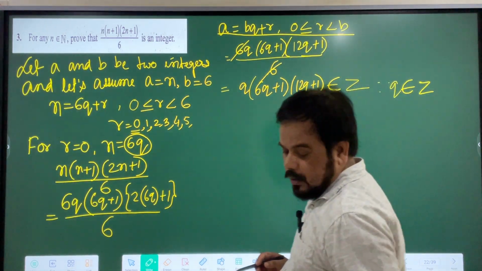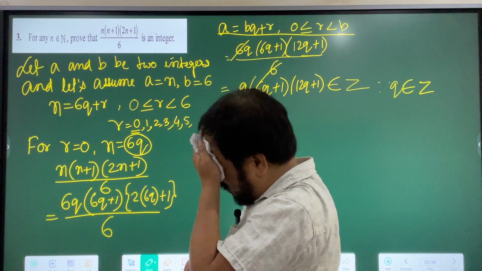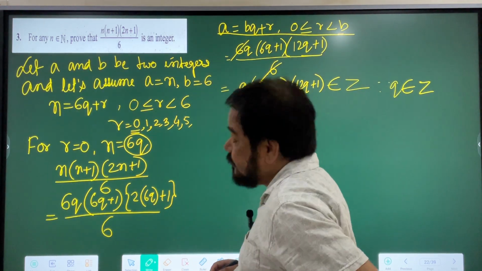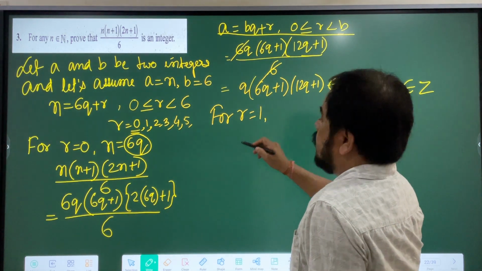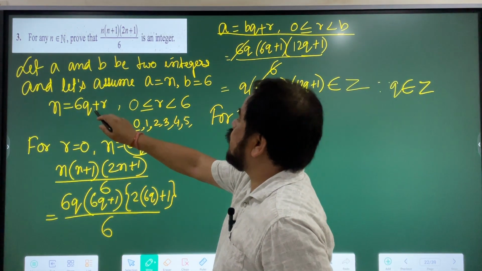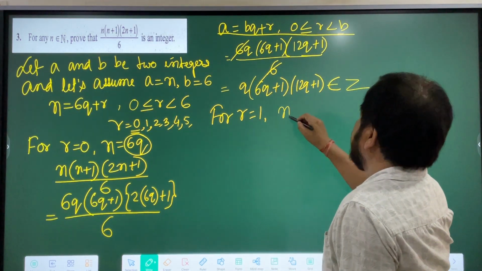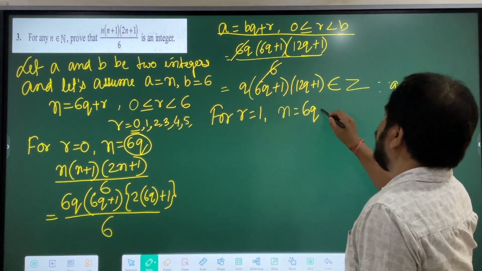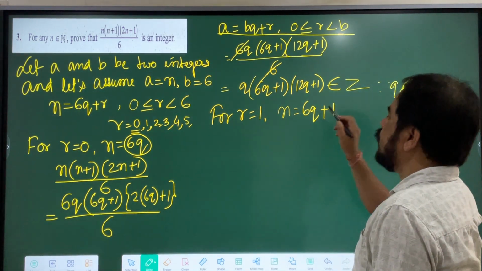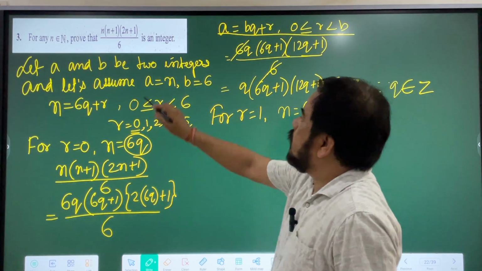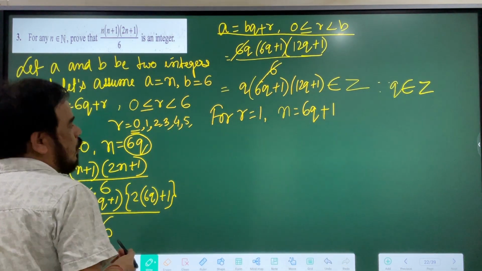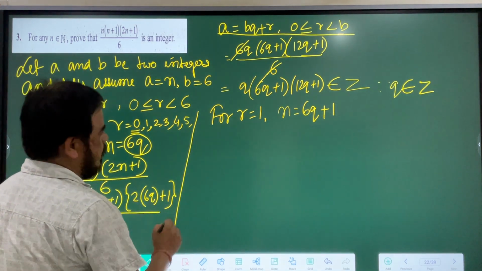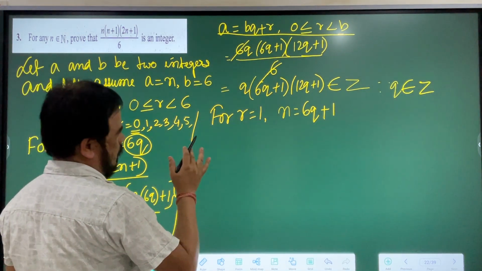Now we will go to r equals 1. For r equals 1, n equals 6q plus r, so n equals 6q plus 1, because r equals 1. Now in this term we will put the value of n. This one is a little big calculation, no problem, the calculation is big but easy.